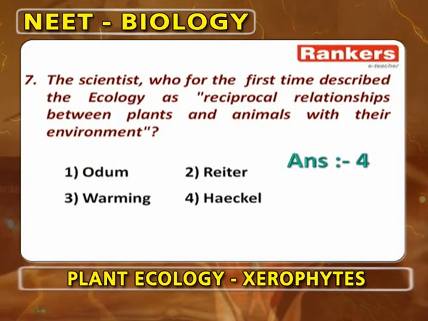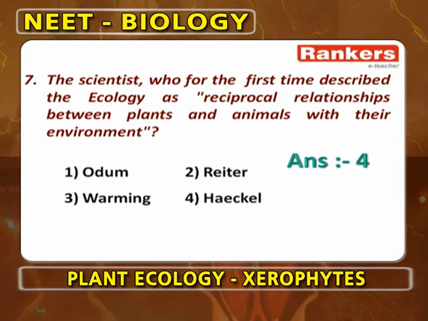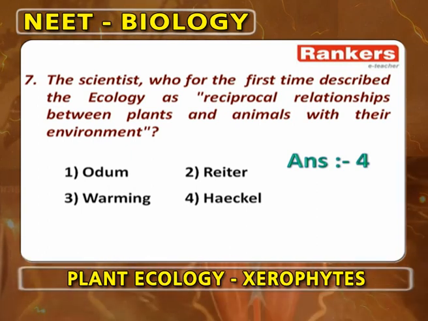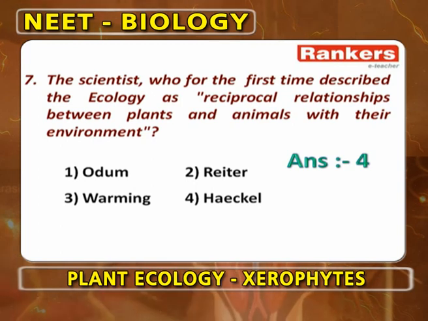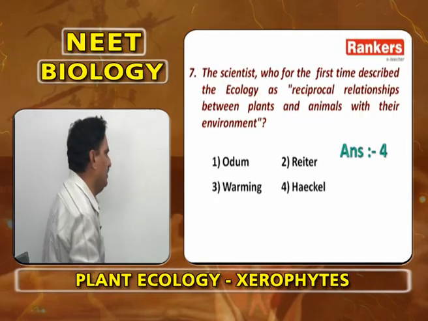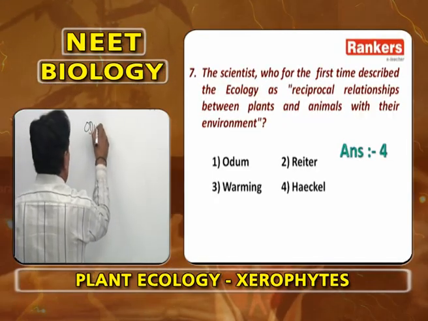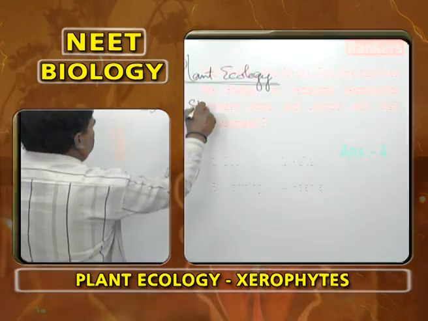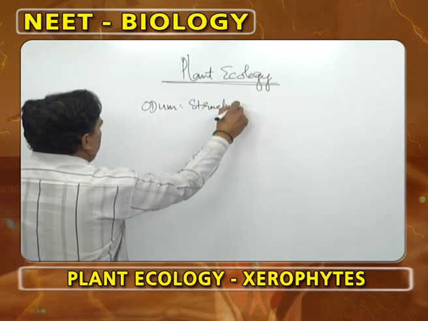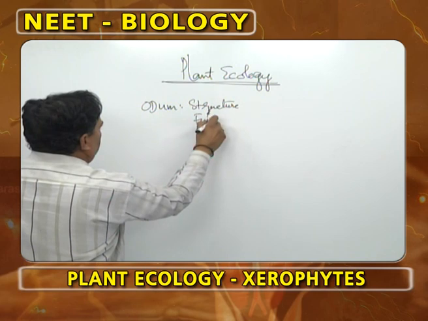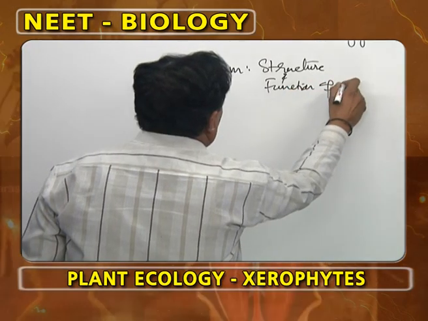The scientist who for the first time described ecology as reciprocal relationship between plants and animals with their environment. Reciprocal relationship between plants and animals with their environment was given by Haeckel. So, here 4 names are there. One is Odum. Just now we discussed Odum: structure and function of nature is ecology is the statement given by Odum.